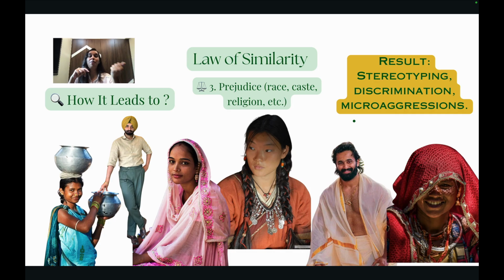But if someone is from a lower caste, someone from a Dalit caste, we might unknowingly start treating them with very unfair practices, where we are not even aware that we are treating them in such ways. So it's time to start getting aware where you apply this law of similarity in your life.